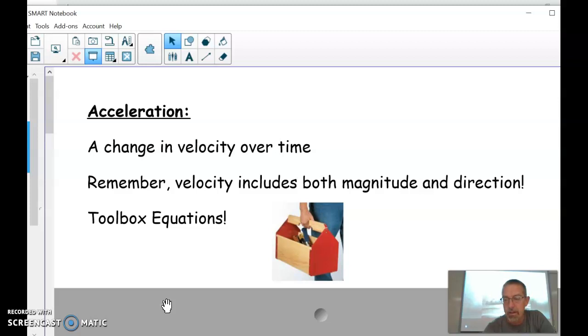It includes both a magnitude and, importantly, a direction. And that's going to be important when we talk about specifically centripetal acceleration. We're going to throw a number of new toolbox equations on the agenda today, because there are several new equations that are going to prove helpful all year long.